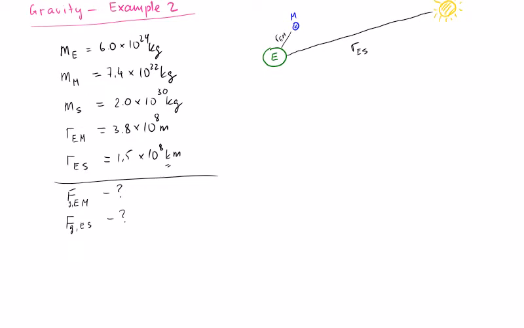Now we want to find out the gravitational force of attraction between the Earth and the sun. So F gravitational, Earth, sun, equals F gravitational, sun on Earth. Let's put it that way.